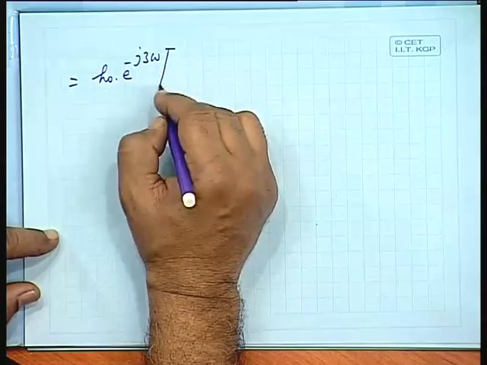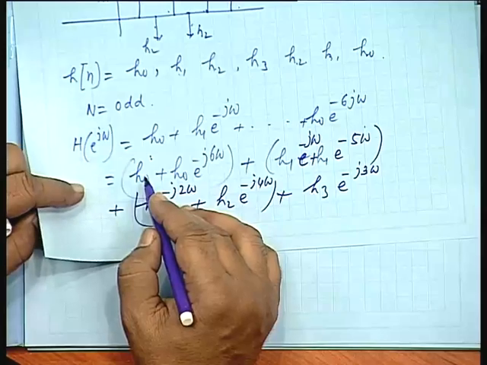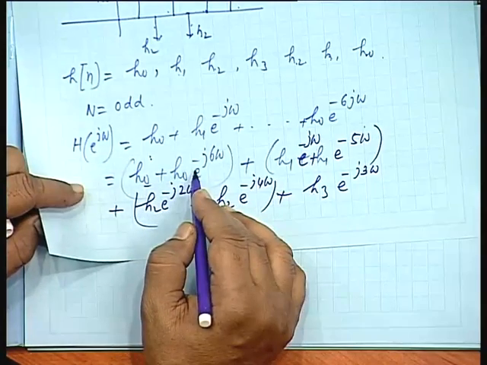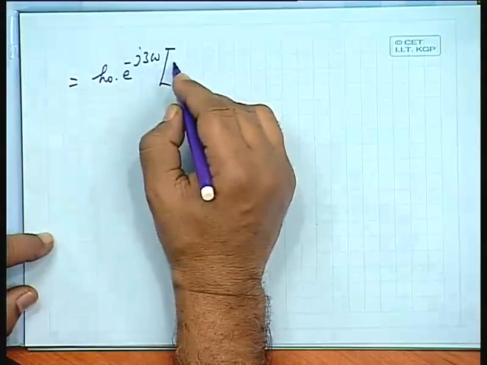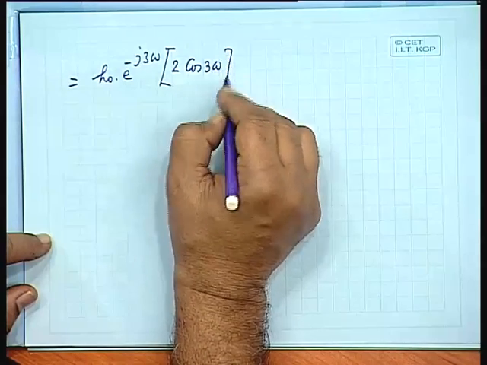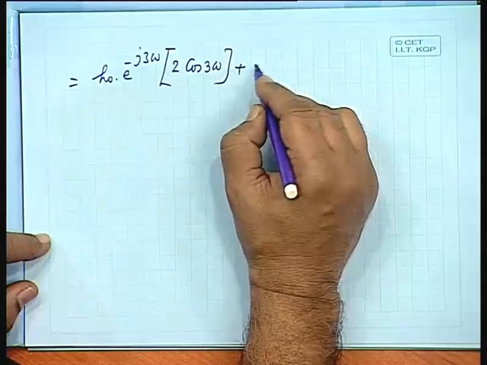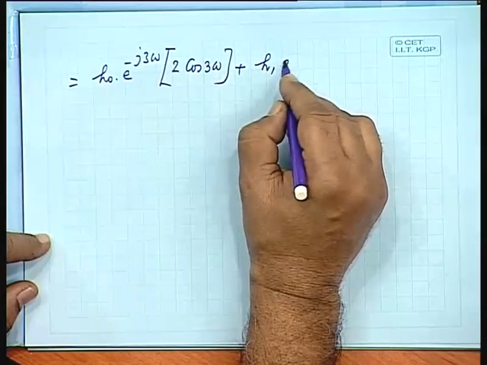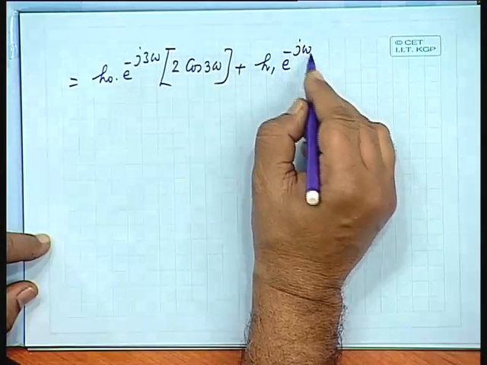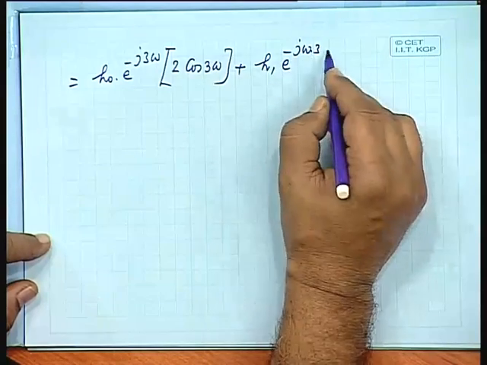Okay. Inside I will be left with e to the power plus j 3 omega, e to the power minus j 3 omega. Okay. So, it will be twice cosine 3 omega. Is that okay? Similarly, second term, could you suggest how much it will be? E to the power minus j omega, if I take common, j 3 omega, is it not?